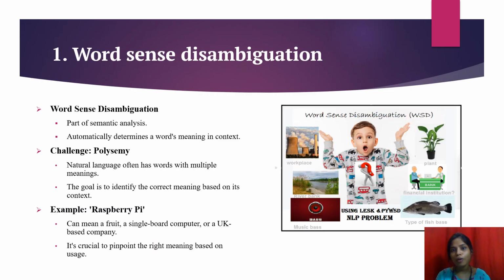In the world of semantic analysis, there is this clever process called word sense disambiguation. It's like the brain of a computer trying to figure out the meaning of a word based on how it's used.